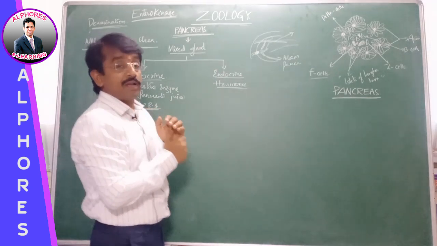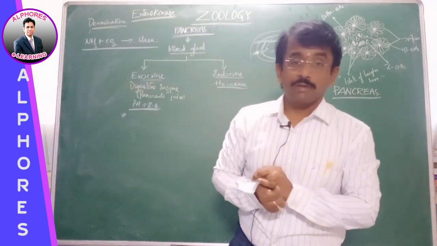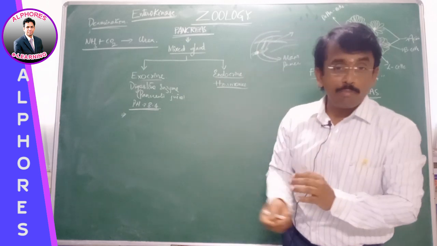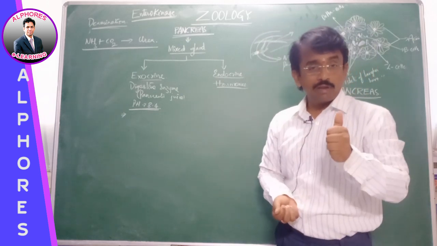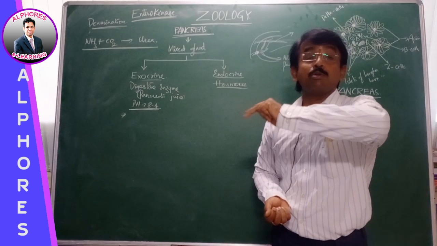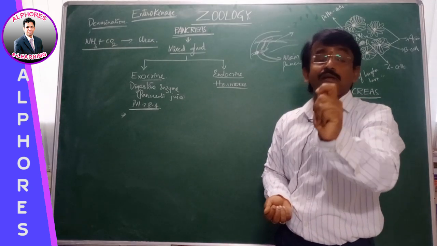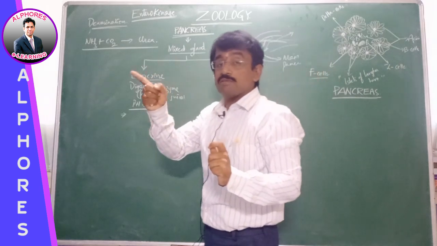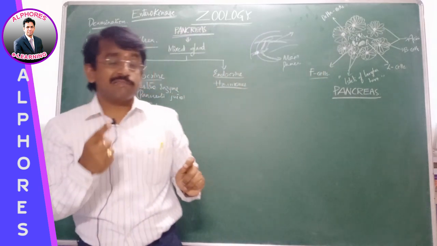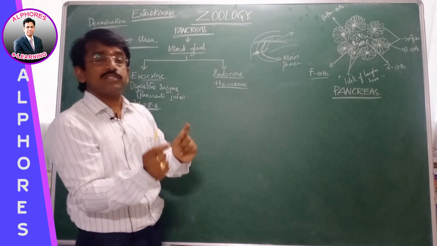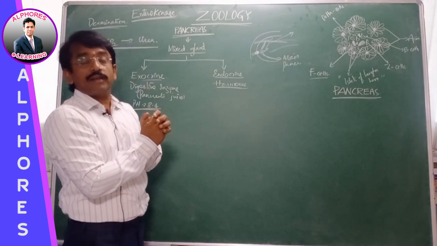Next, the pancreatic amylase, which acts upon the carbohydrates. So proteins, fats, carbohydrates. Nucleases, DNases and RNases, ribonucleases, act upon the DNA and RNA.